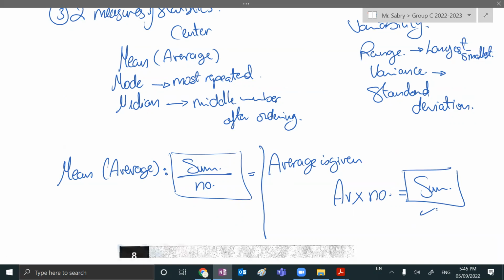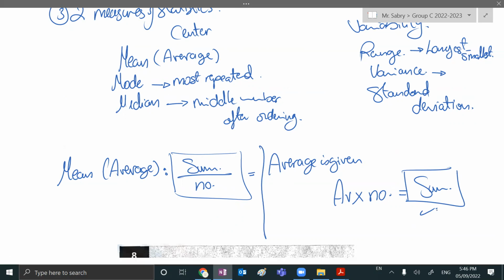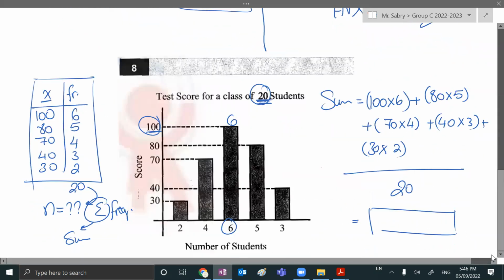So the questions would be something like this. Ahmad has an average score of 85% in 6 tests. What is the score that he needs to get in the 7th test in order for his average to become 90%? Let me repeat that.